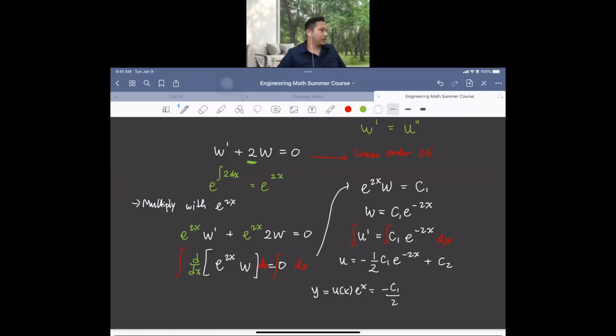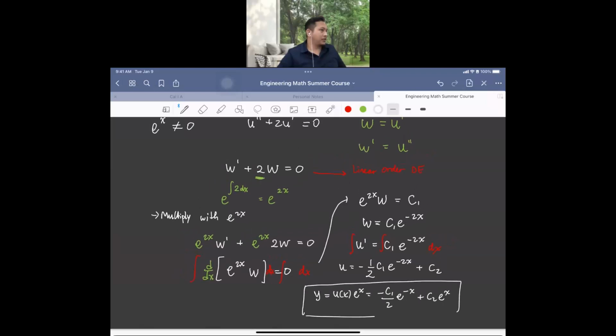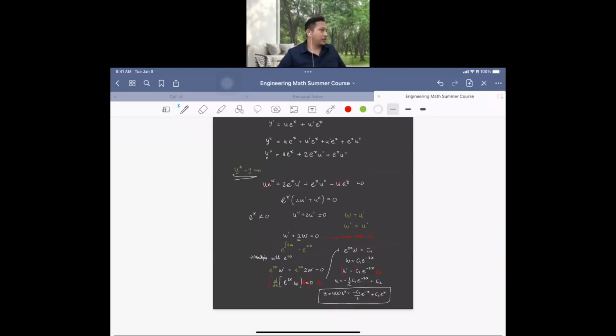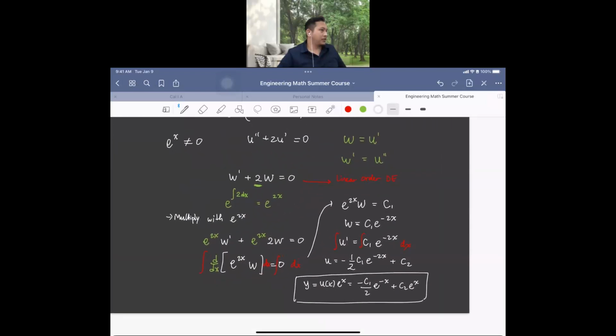Now we have y is u times e^x, right? So this will be negative c1 over 2 e^(-2x) multiplied by e^x becomes e^(-x), plus c2 multiplied by e^x.